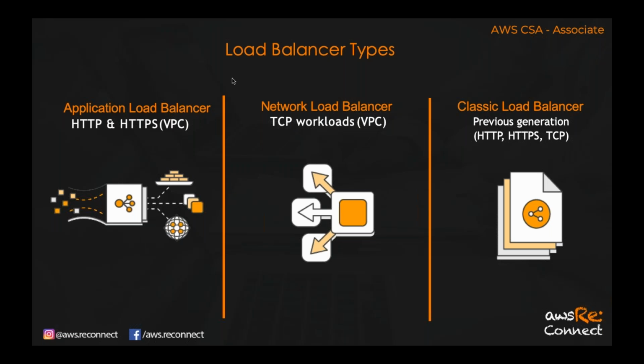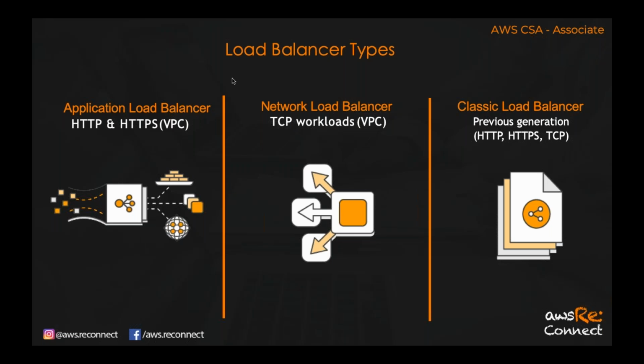Of course, we do not play the game over HTTP or HTTPS, right? We play the game at a specific port. From the mobile application to the server, you can interact via this network load balancer. So whenever you do not perform any actions over HTTP or HTTPS, you can go with the network load balancer. And the classic load balancer supports all types of protocol, that is HTTP, HTTPS, and TCP.